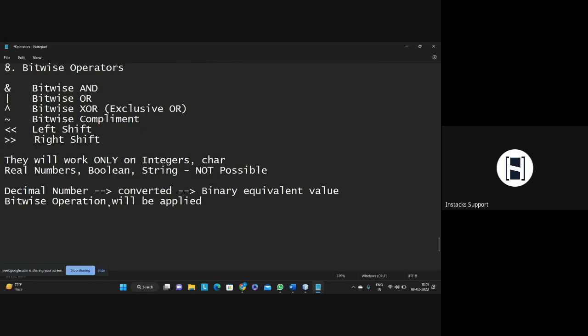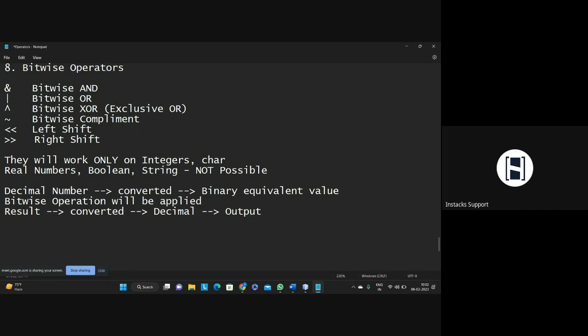So you are going to get a result after that. Then that result will be converted back into decimal and displayed for us as the output. Please remember, this is the internal process that will happen.